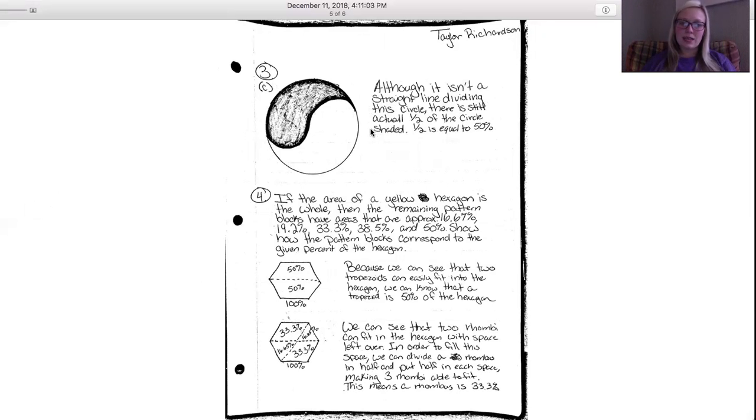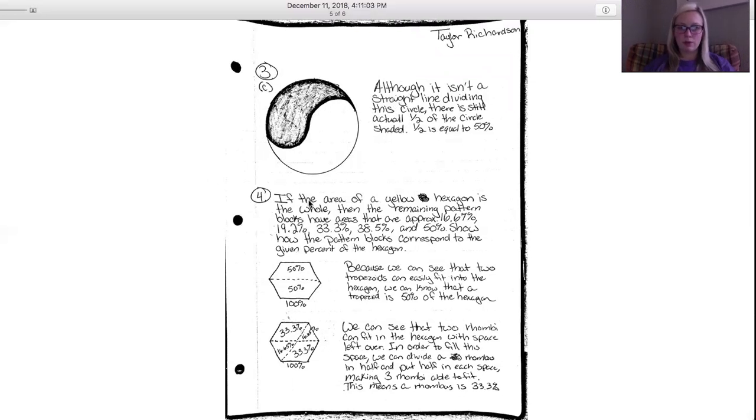Although it's not a straight line dividing this circle in half, we know that the yin-yang sign is divided in half. It's half dark, half white. So since we have that symbol here, or something similar to that symbol, we know that half of this circle is shaded, or 50%.